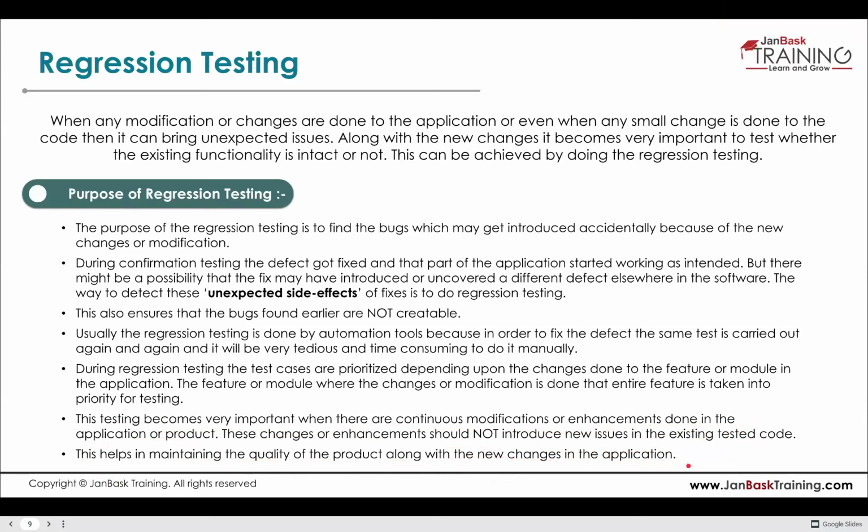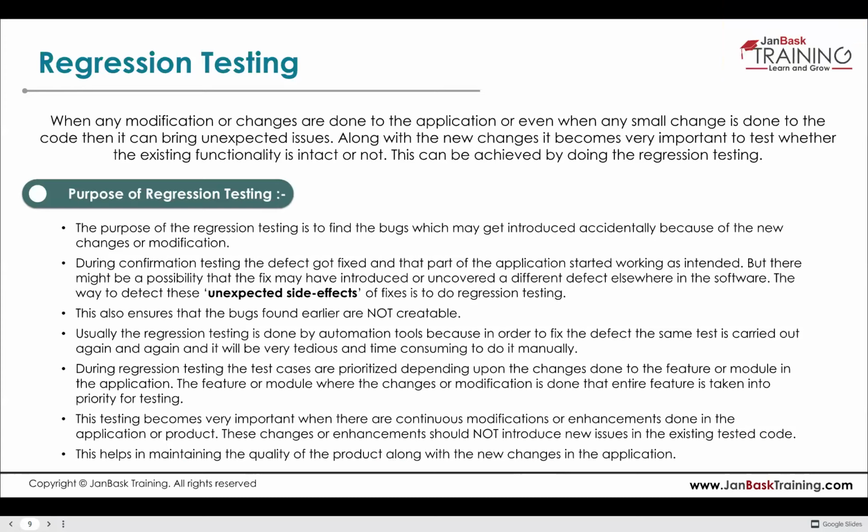Now one thing you should understand is, when we are doing regression testing, do we need to execute all the test cases of, say, module B or module A? No, you don't need to do that. You just need to check the things which are related to the changes.